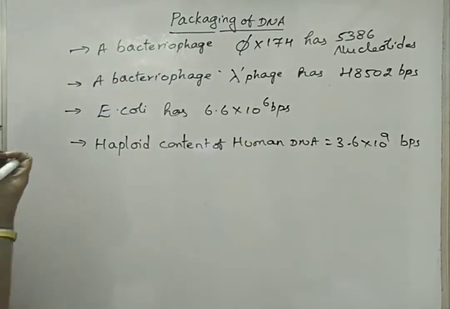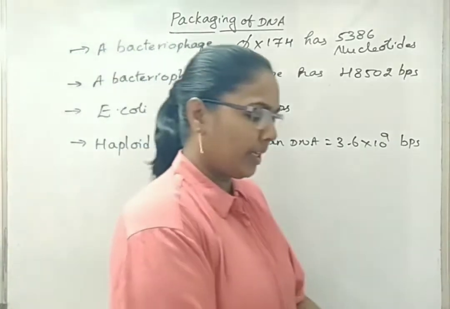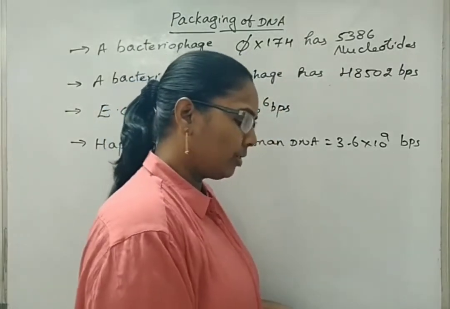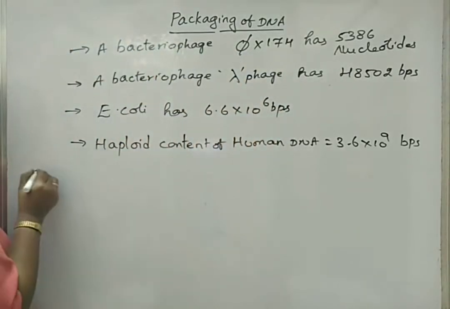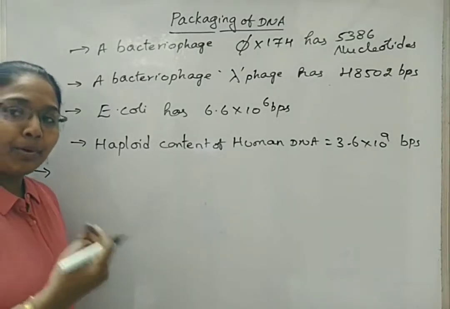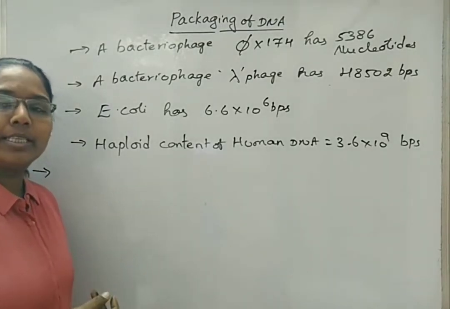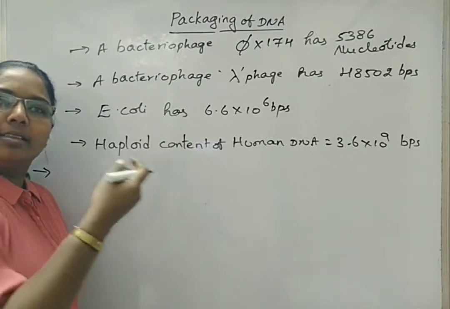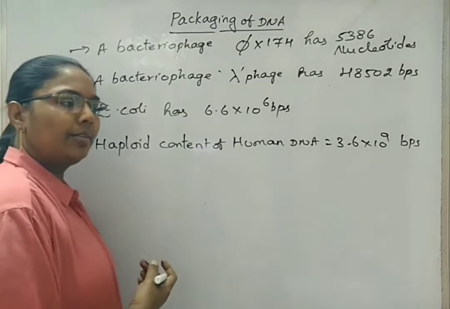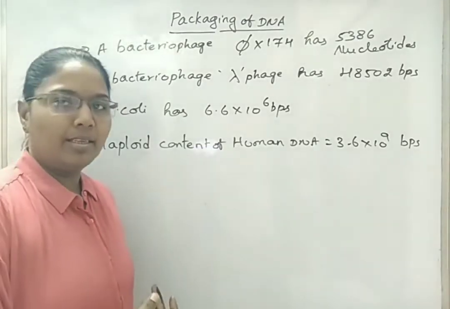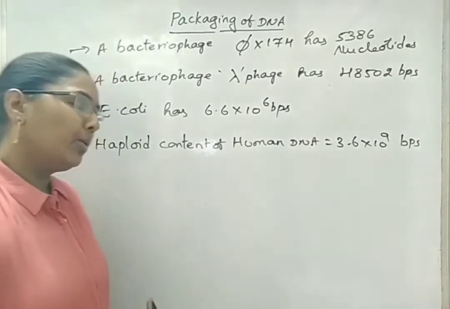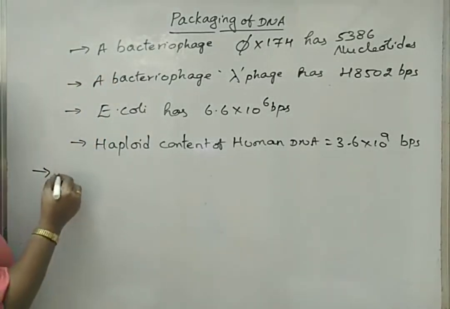These are the standard values regarding the number of base pairs, number of nucleotides, and also the length of DNA. So DNA is very compactly arranged inside the chromosome with the support of proteins called histone proteins. When DNA is coiled around such proteins, it gives different names like nucleosome, solenoid, etc. We will see some of these terms.